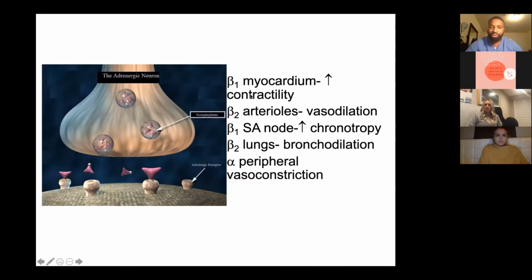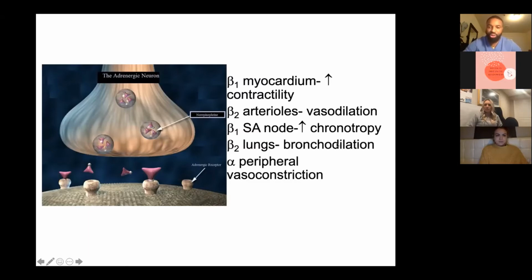Every organ has receptors. The heart has beta 1, arterioles have beta 2, which causes vasodilation, as I said. Beta 1 is seen in the SA node, which causes chronotropy, basically increasing your heart rate and contractility.